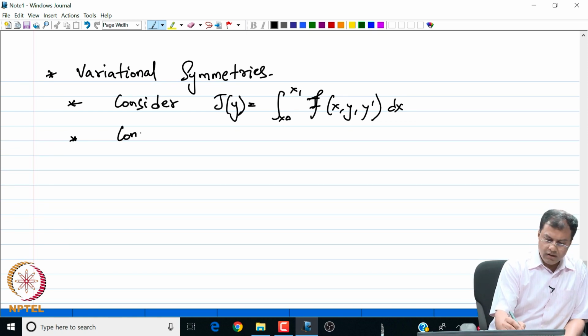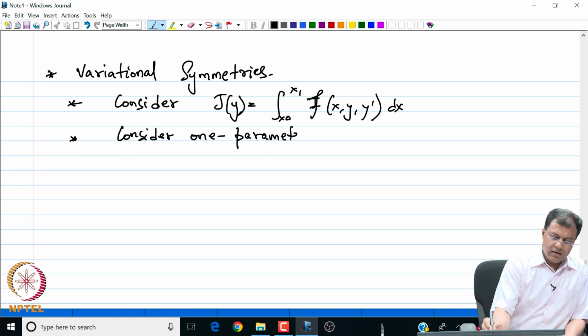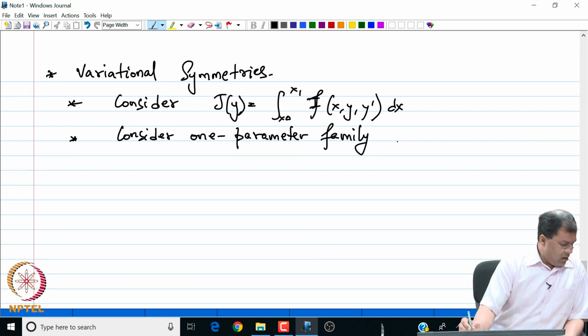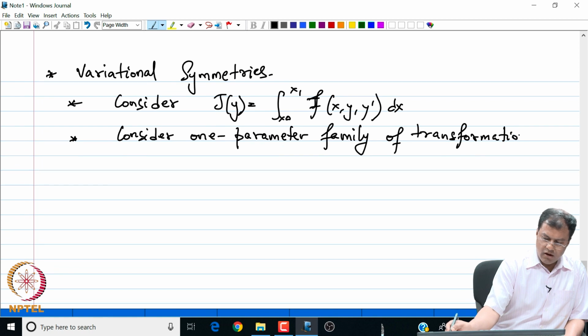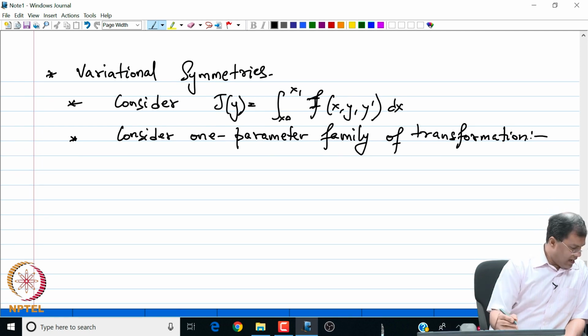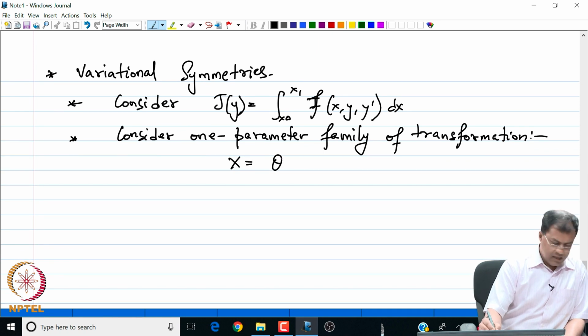So, consider a one parameter family of transformation, and let us call the x component theta of x, y, epsilon.